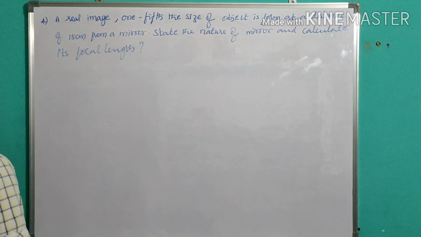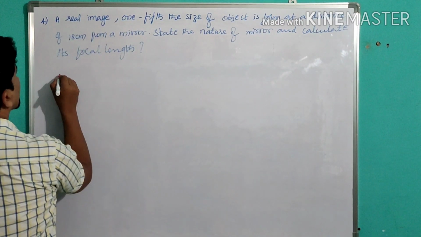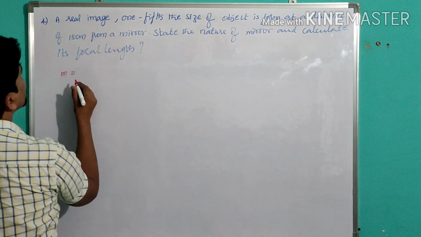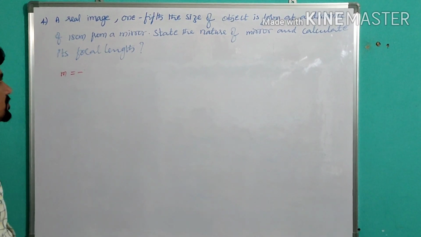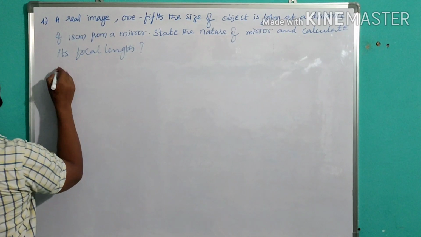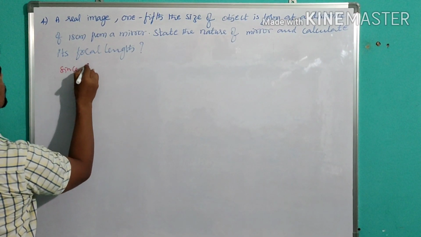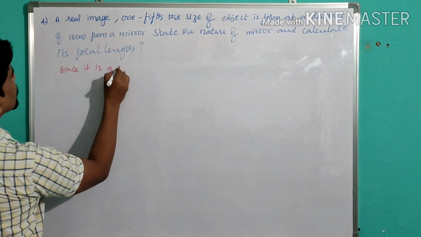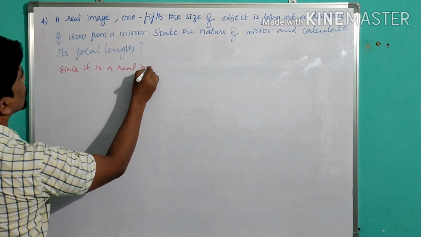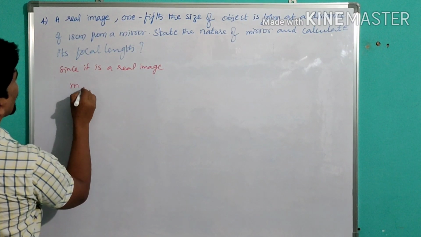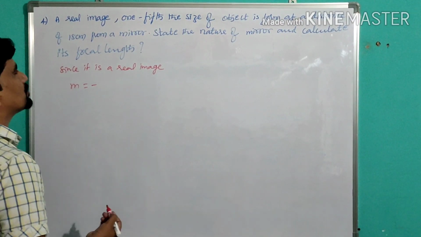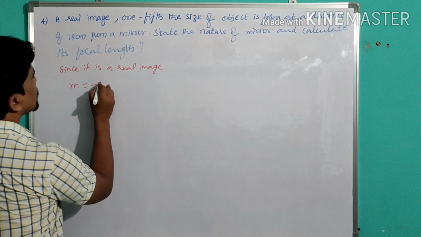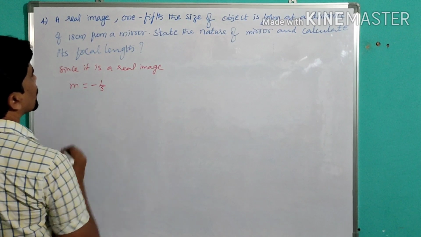A real image, magnification is always negative for a real image. Since it is a real image, magnification is negative, that is 1/5 the size of the object, so minus 1 by 5.